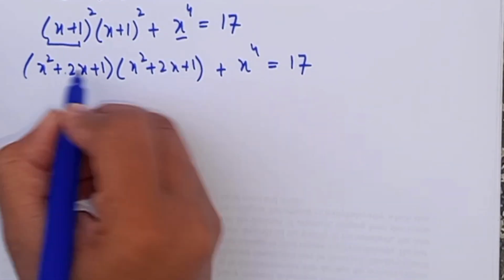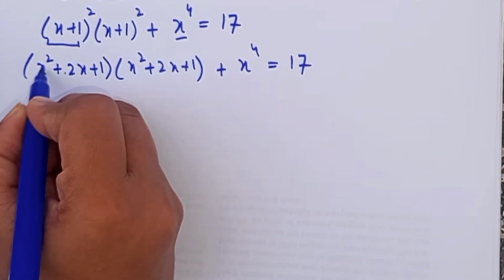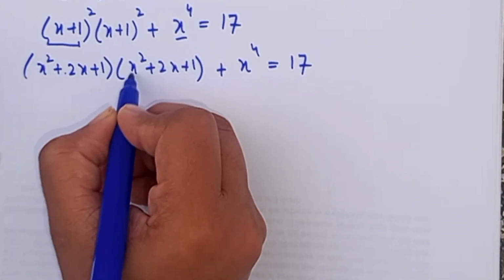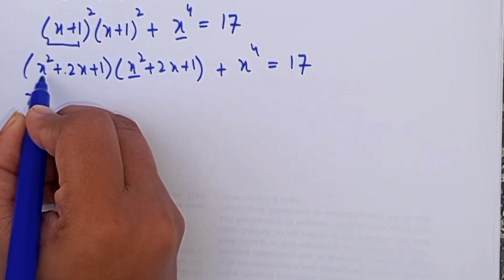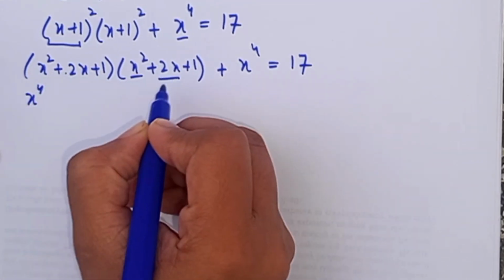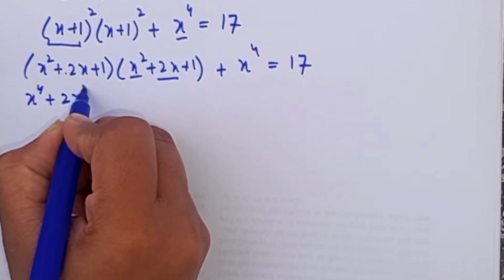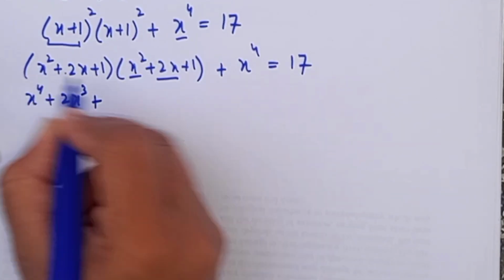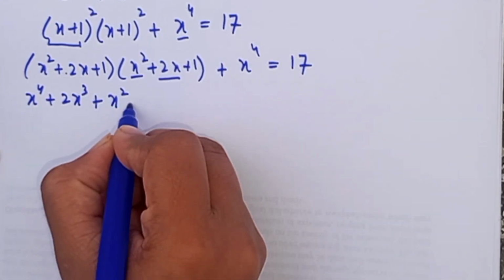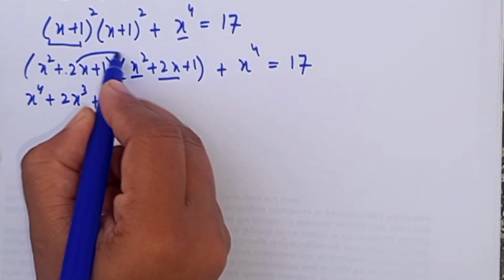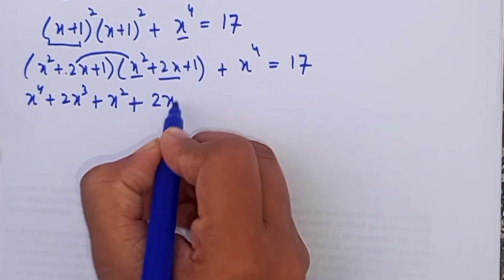Now in the next step, we multiply these two values. Multiply x^2 by x^2, we get x^4. Multiply x^2 by 2x, we get 2x^3. Multiply x^2 by 1, we get x^2. Now multiply 2x by x^2, we get 2x^3.